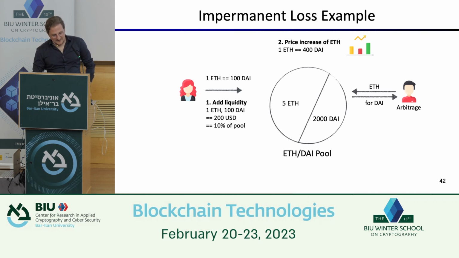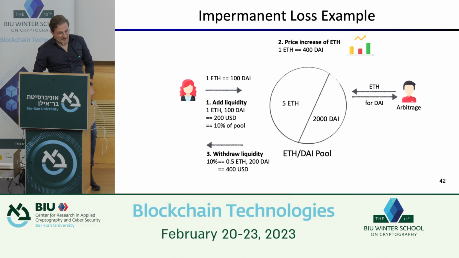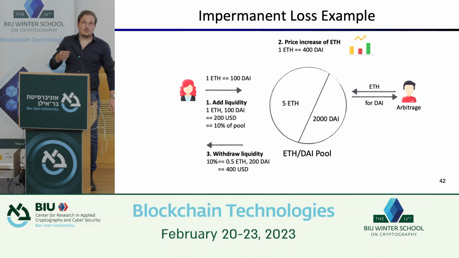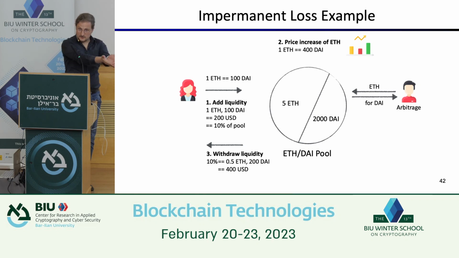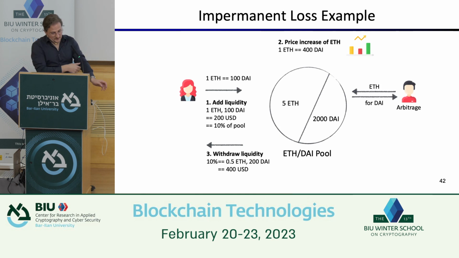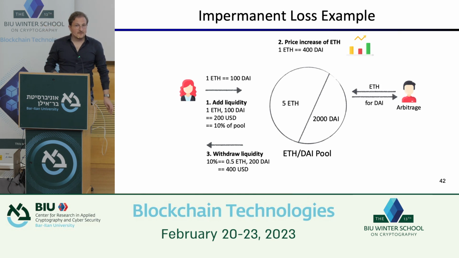So that means if Alice were to withdraw her liquidity at that point in time by providing her LP tokens to the pool and getting 10% back, 10% of the pool is 0.5 ether and 200 DAI, which is equivalent to $400 US. Would she have made more money by just holding onto her coins?